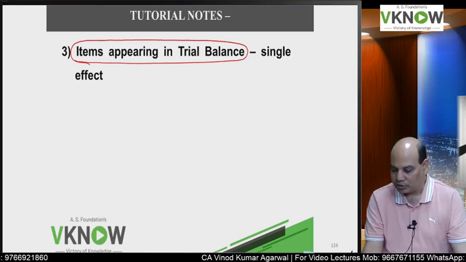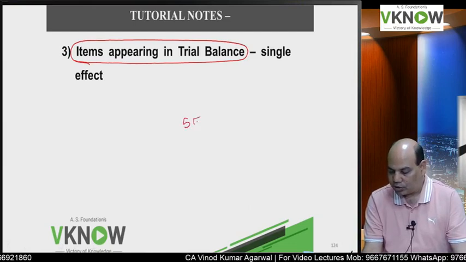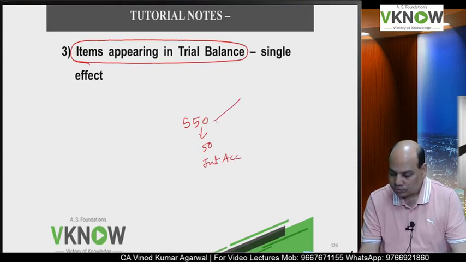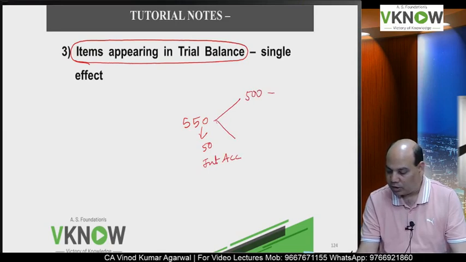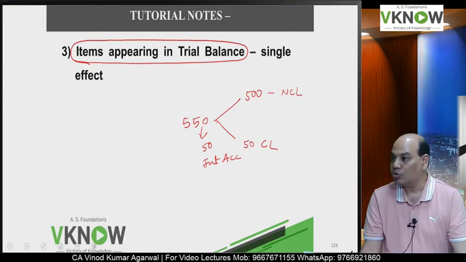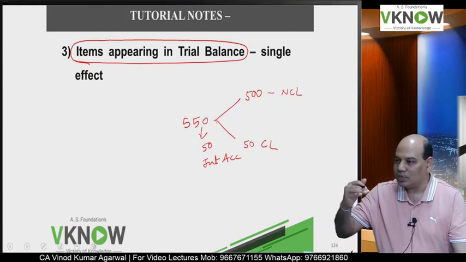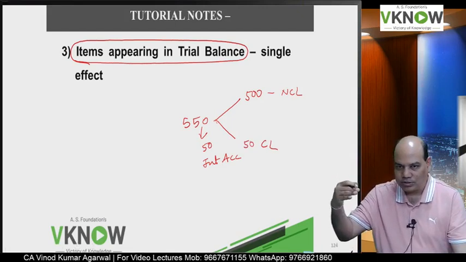For example, question says loan is 550. Out of that, 50 is interest accrued. So what I'll do, loan 500 will be non-current liability and interest accrued 50 will be current liability, but it is single effect only. We are just bifurcating into two numbers.